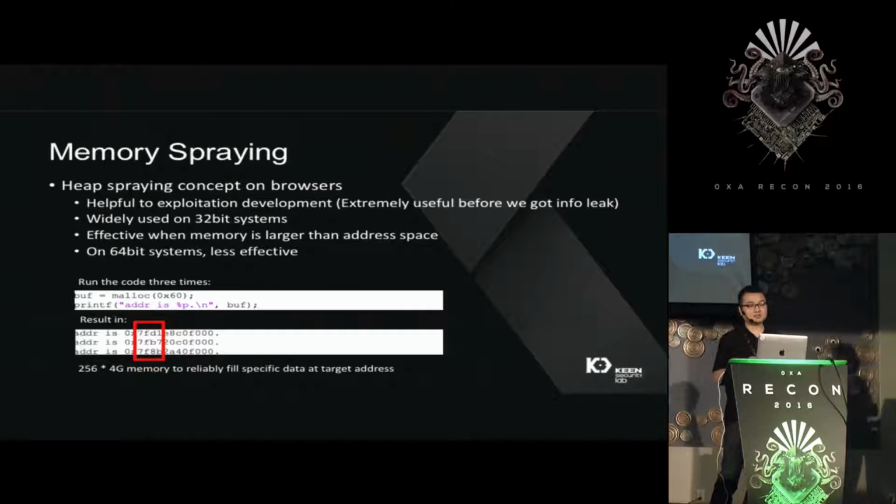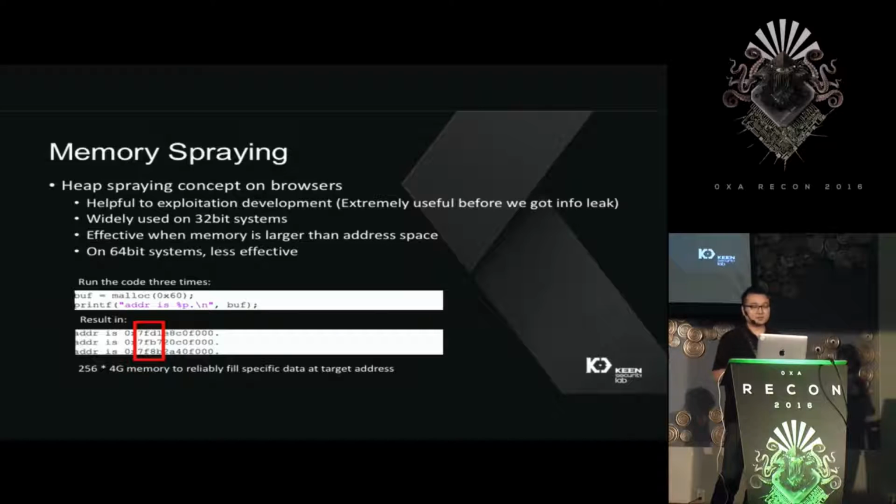On a 32-bit system, the address space is 4 GB, but your memory is larger than that. So you can do a lot of allocations of duplicate values, so that at a specific and fixed address, you can get your reliable controlled data.